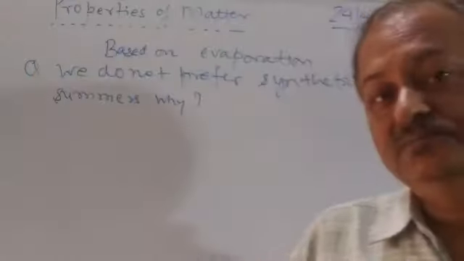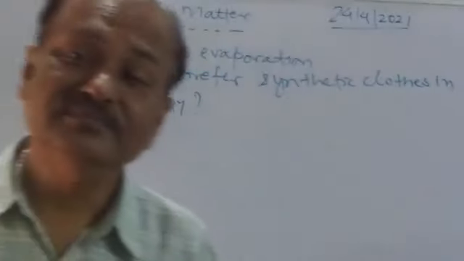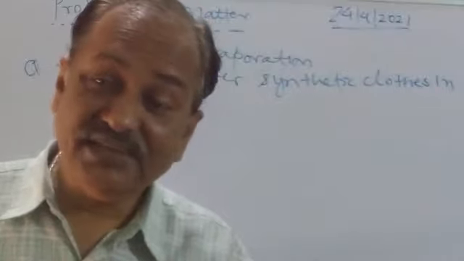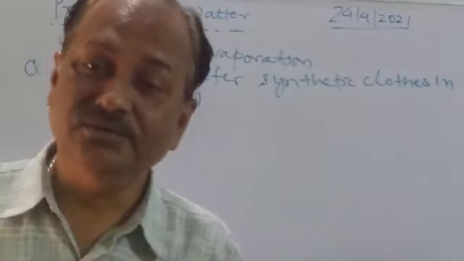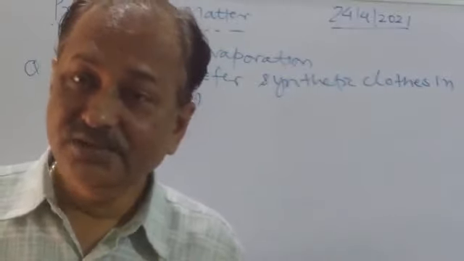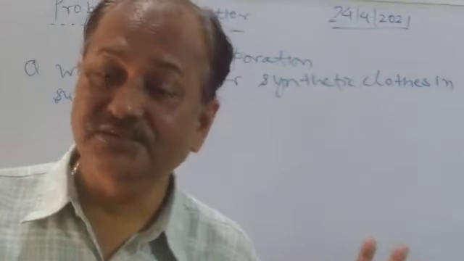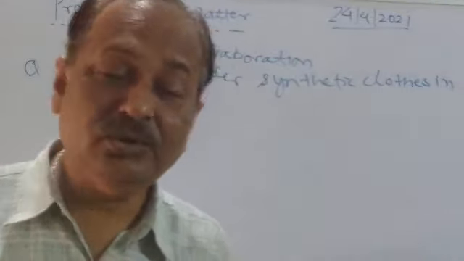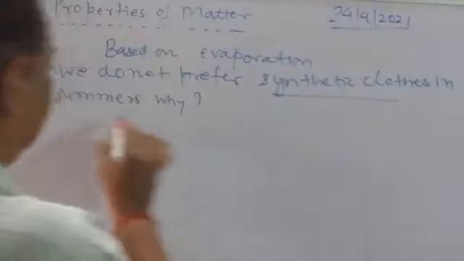Actually, synthetic clothes like terylene and polyester are not good absorbers. They absorb very little amount of water. You know all this. The ready-made garments, which are of synthetic nature, dry up quickly due to this reason only. So we do not prefer synthetic clothes in summer.